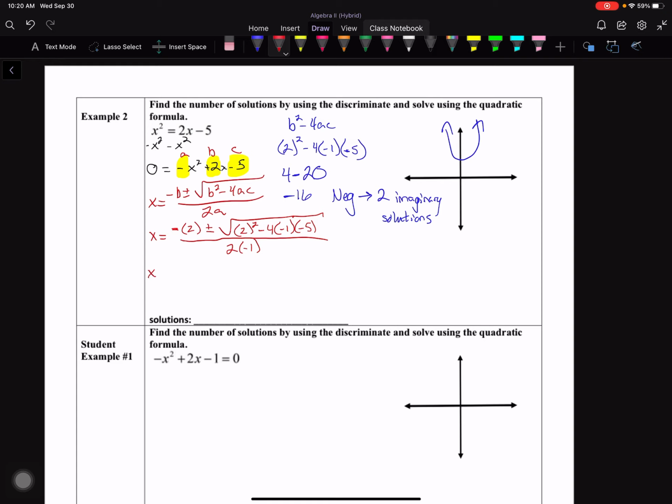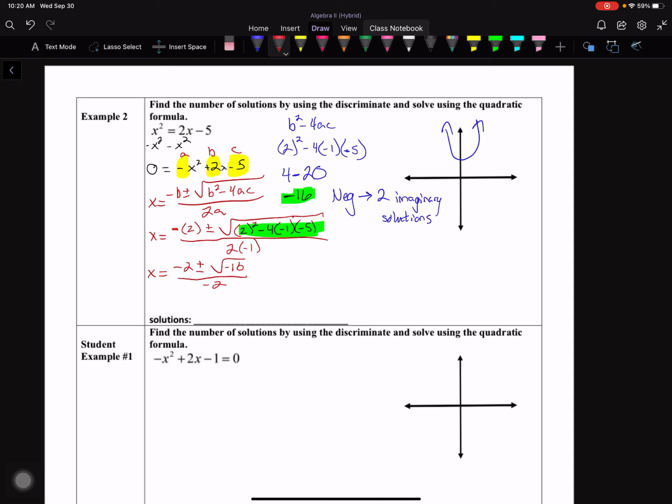All right, so x equals -2 plus or minus, we found the discriminant. It's right here. It's -16. So I can plug -16 in back underneath the radical, divided by -2.